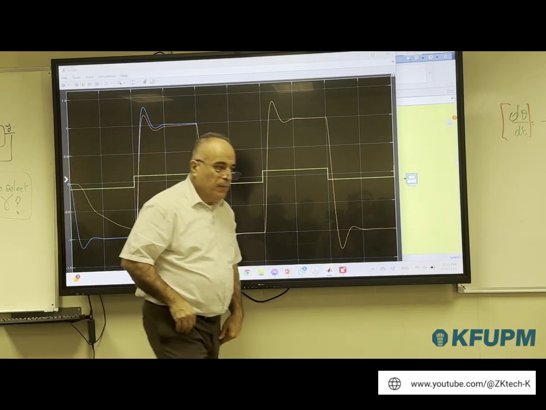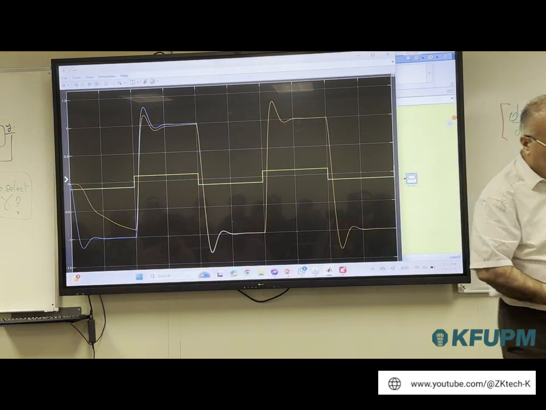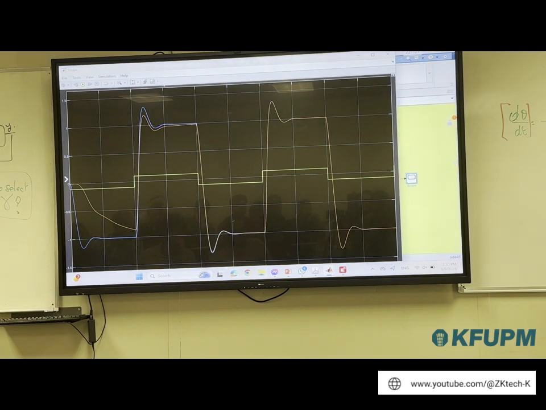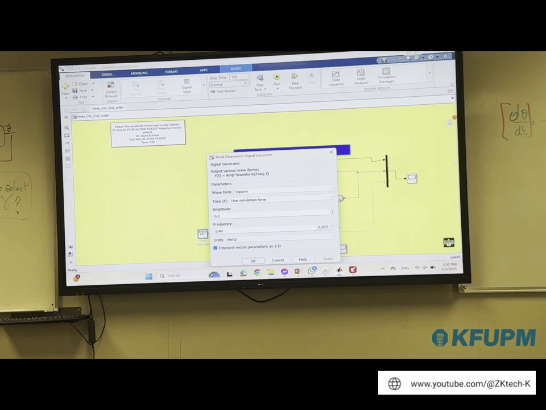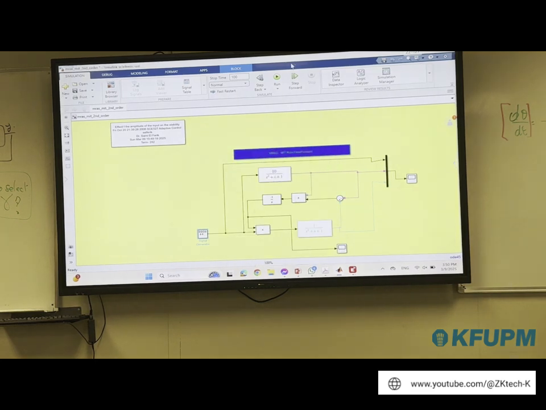So now what I'm going to do is changing, as I did before, the amplitude from 0.1, I'm going to put it equal to 2. So only the amplitude of the input. I'm not changing anything else. So my controller, the algorithm is perfect except that I decided to use a different input level.